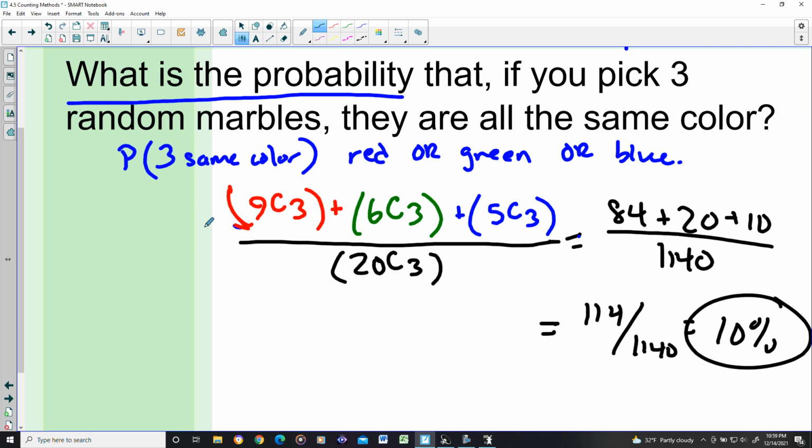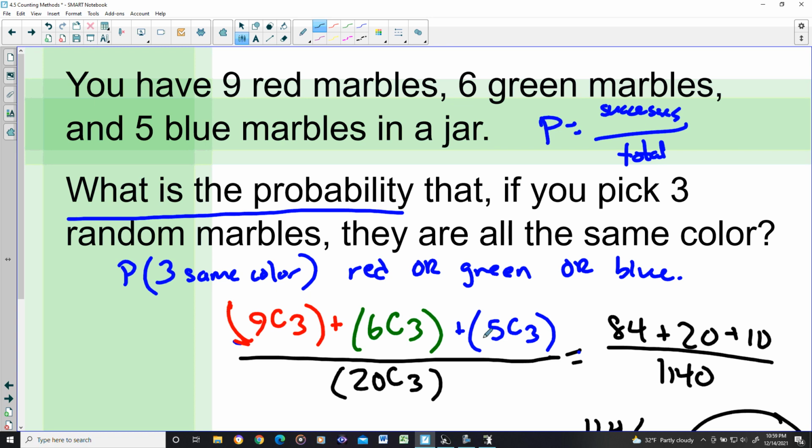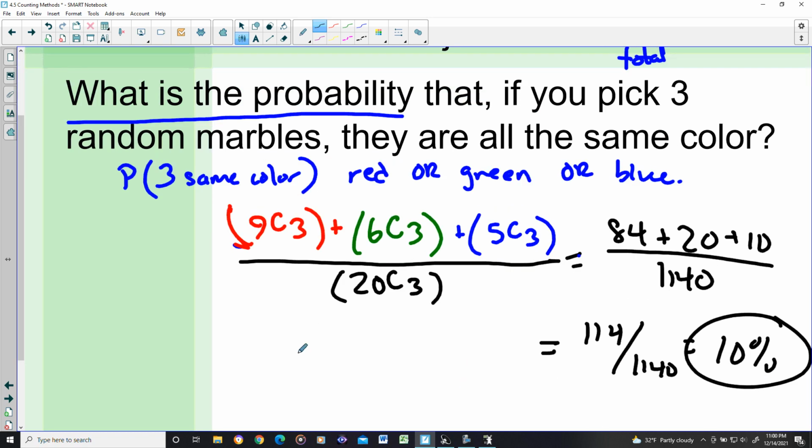No, but just kind of lucky the way it works out in this case. So just know where all the numbers come from. The 9, the 6, the 5, that's how many marbles of each color I have. I'm choosing 3 in each individual group. And the 20 is the total of all of them. Okay, hopefully that makes sense.